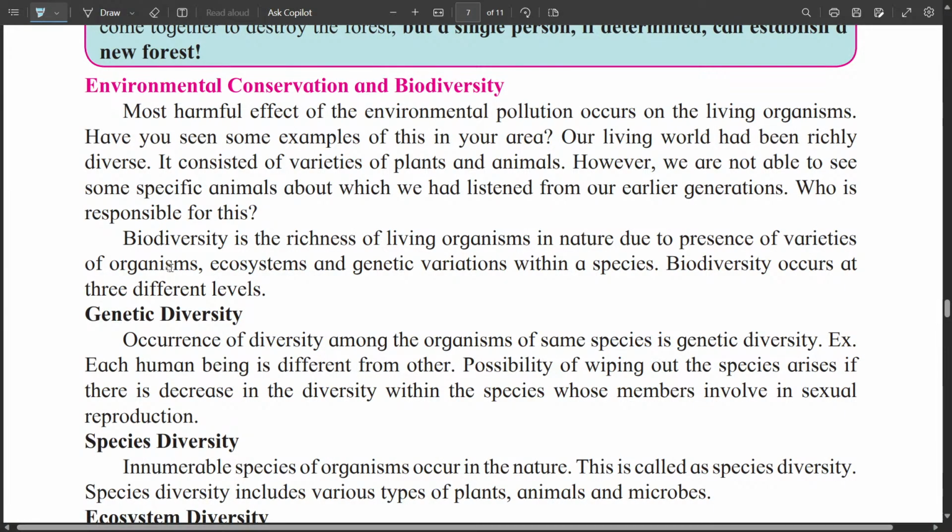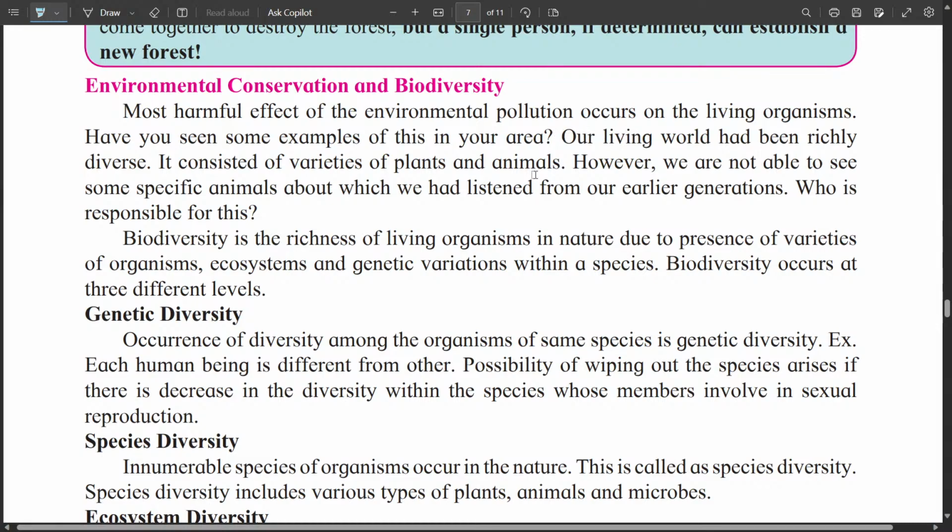Environmental conservation and biodiversity. The most harmful effect of environmental pollution occurs to living organisms. Have you seen some examples of this in your area?